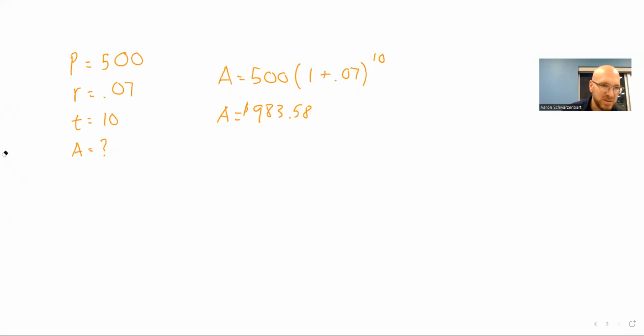It's Roberto, and he's got a little bit better interest rate, 9%, compounded monthly, but he's only going to have his in for 5 years. These are really good interest rates, by the way. I'm guessing even though he's got the better interest rate, the fewer years will make it less.